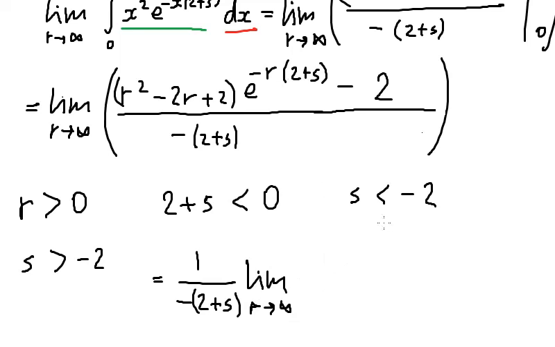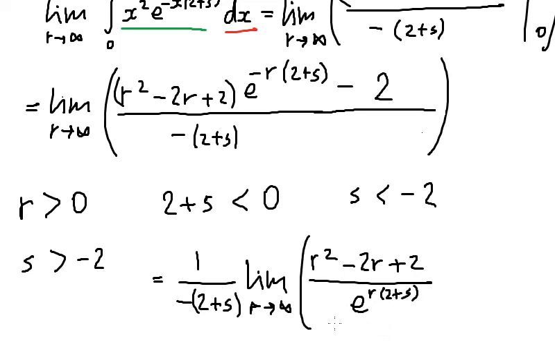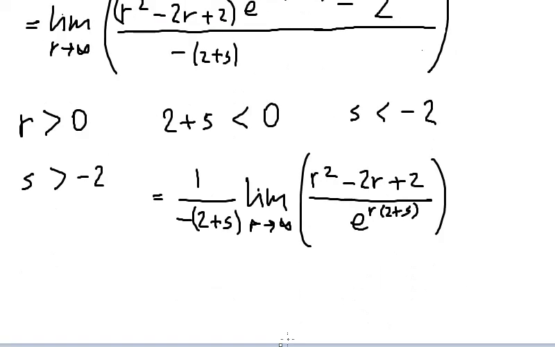Okay, so now when s is bigger than minus 2, 2 plus s will be bigger than 0, and so here we will have a positive number as well, and so we can rewrite the fraction as r squared minus 2r plus 2 over e to the power, okay, there's no more minus any longer, so it's e to the power r times 2 plus s. And okay, now we've got a fraction of two things.